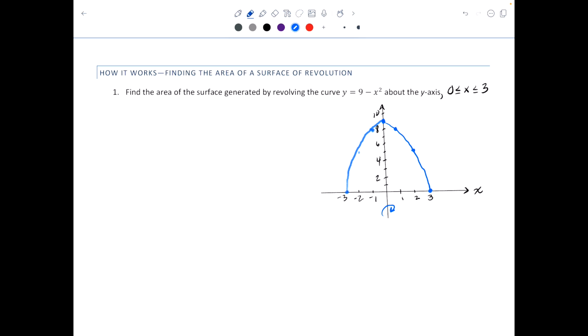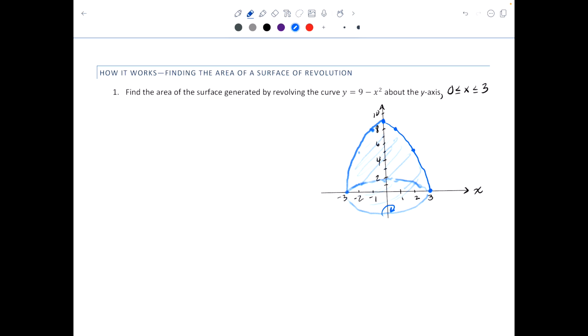And then you've got this circle here. And so it's kind of like the outside of a thimble, right? Outside of a thimble. So you'd have this surface area. It's not the inside of it, it's the outside of it.